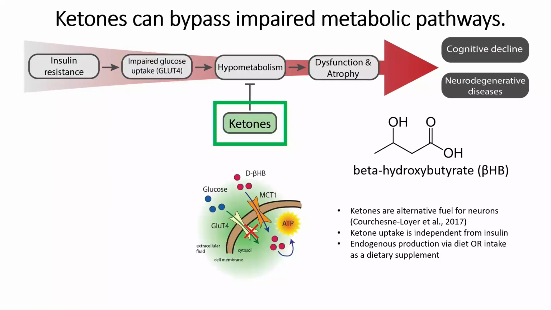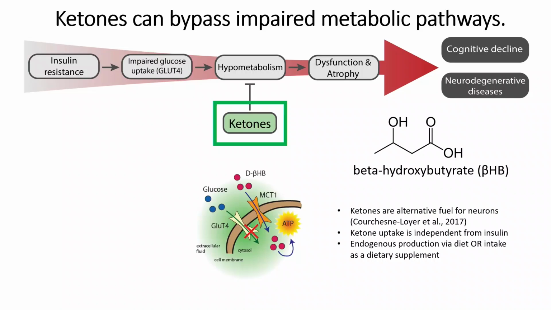Another thing that this mechanism would imply is that if we use ketones, we can refeed the starving neurons. The way that works is ketones are an alternative fuel source for neurons. So they bypass, I was just trying to refer to that middle figure. As you can see, ketones use a different transfer mechanism.